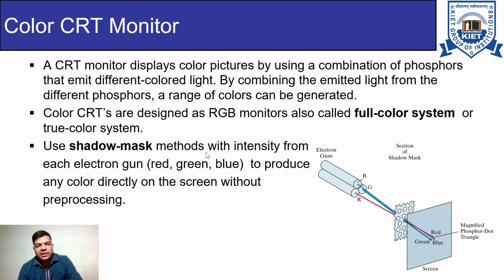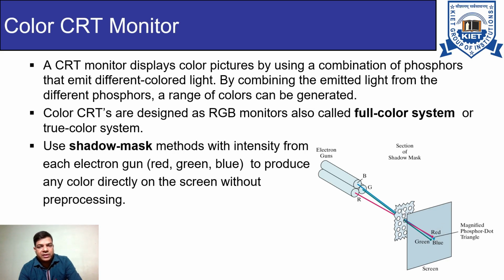Now in this we are using one technique that is called shadow mask, and in this we have three electron guns, blue, green and red, and here we have one triangle which consists of three dots, red, green and blue.